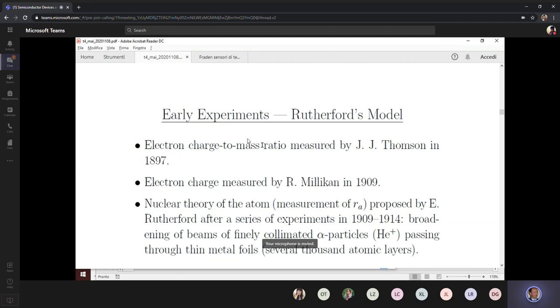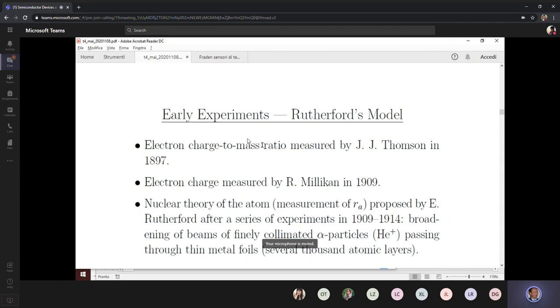The funny part of the story is that by the end of 1800, essentially all sections of physics were well developed.